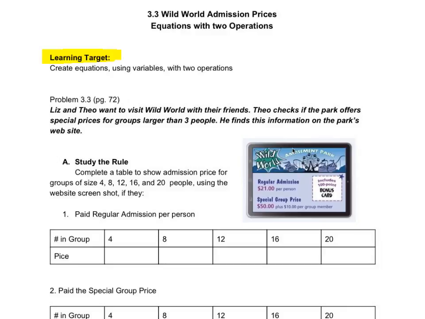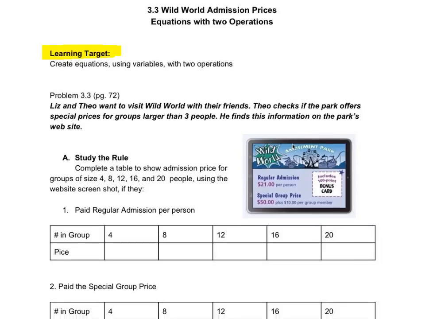So this colorful picture is what is found not only in your book, but is the screenshot from the website. So we're going to use the fact that regular admission is $21 per person and the special group price is $50 plus $10 per group member, or per person who is visiting the park.